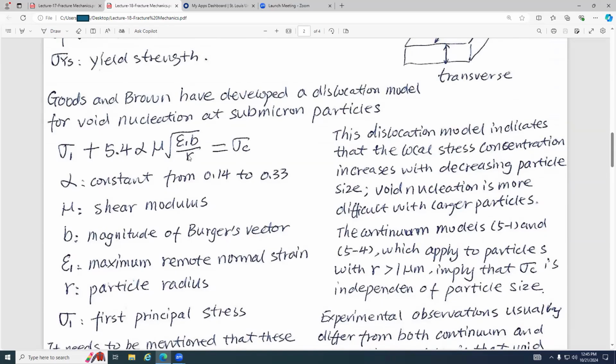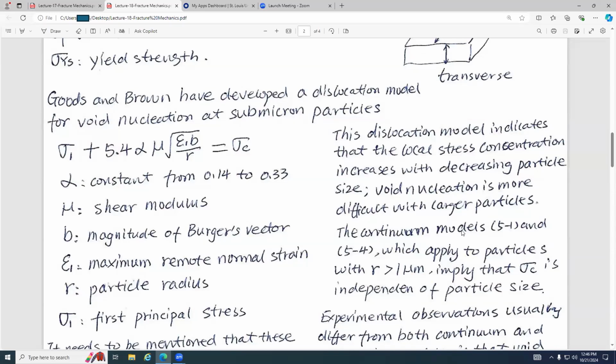You can see R is the radius. Void nucleation is more difficult with larger particles. You guys agree? If you have a larger particle, it is more difficult to have a void around it.